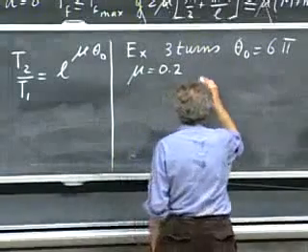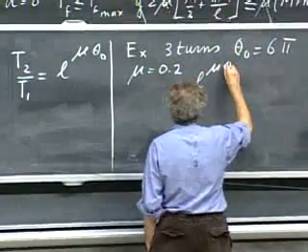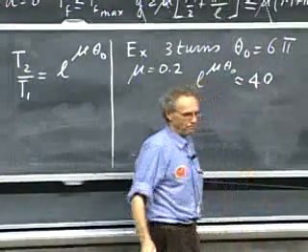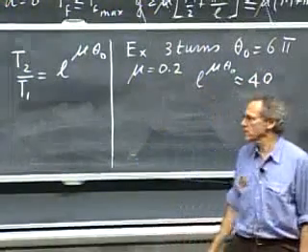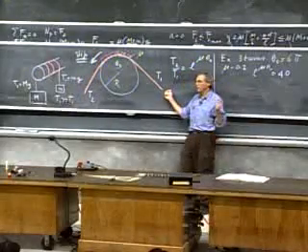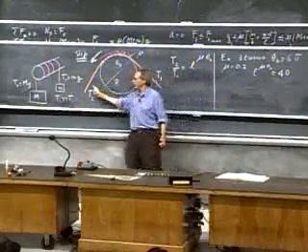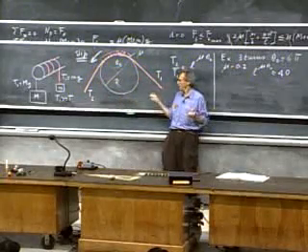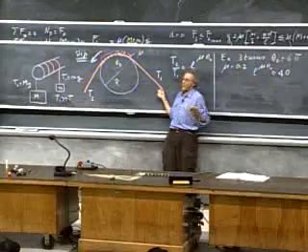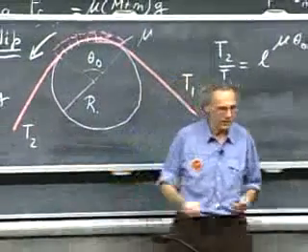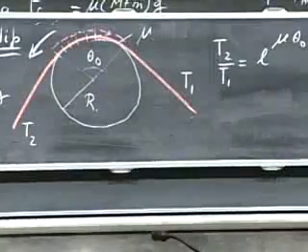So e to the power mu times theta 0 is now about 40. What that means is that with a force on this side which is 40 times smaller than a force on that side, I have a balanced situation. I can hold this in my hand and counter a force on this side which is 40 times larger.